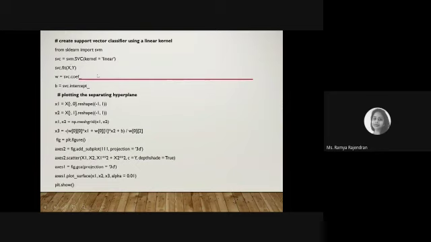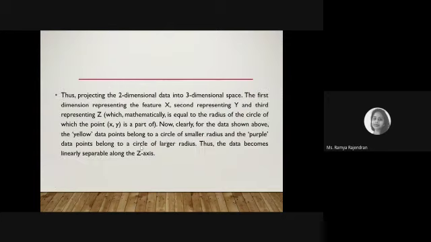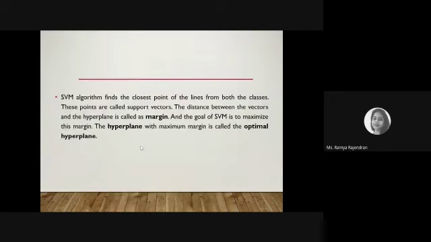I fit the model, create the model, and find the weights and bias. You can also plot a hyperplane. When we run this code, you will be able to plot all the points in a scatter plot and create a hyperplane, so that you'll see a graph like this.